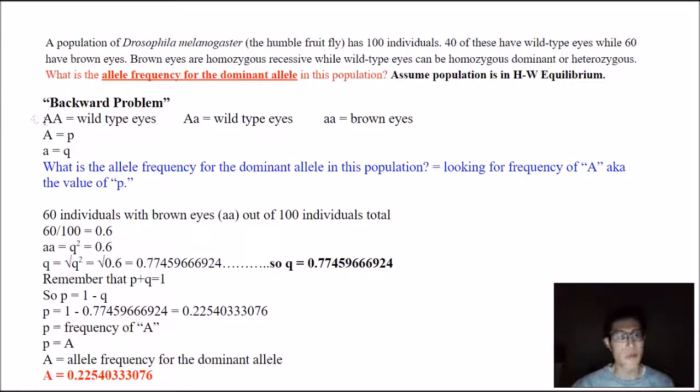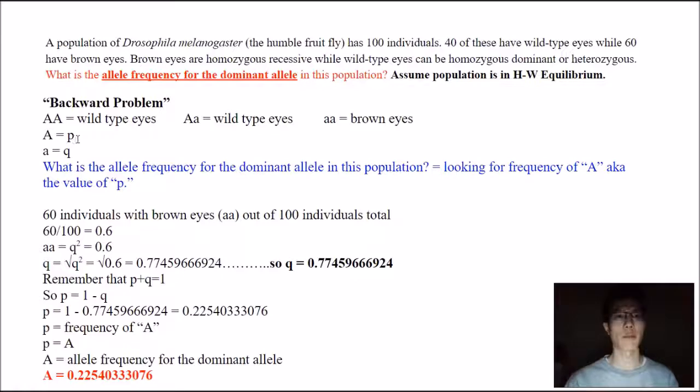So just arbitrarily, big A, big A will have the phenotype of wild-type eyes. Big A, little a is the heterozygote, but in our case, you would also get wild-type eyes. And then, of course, little a, little a, that's our homozygous recessive individuals, and those have the brown eyes.